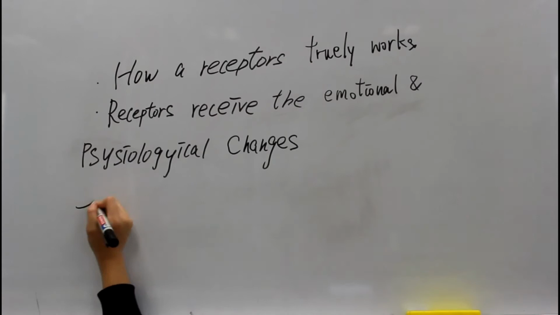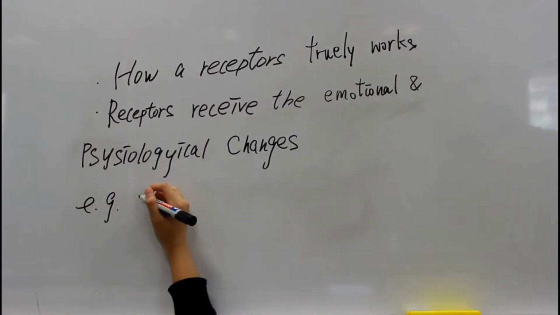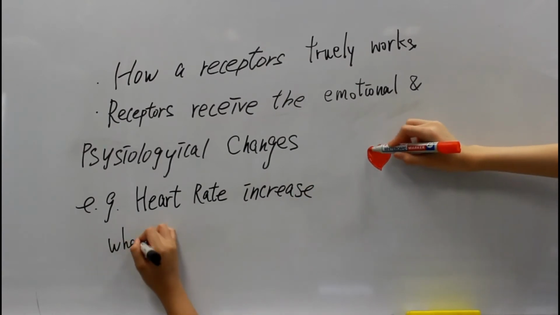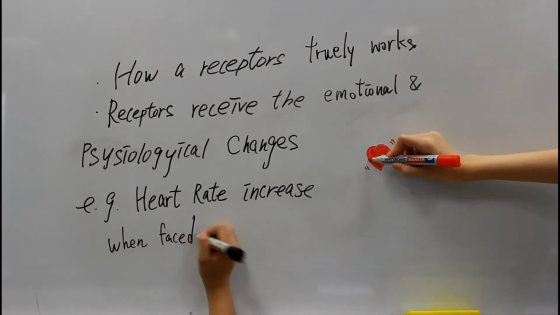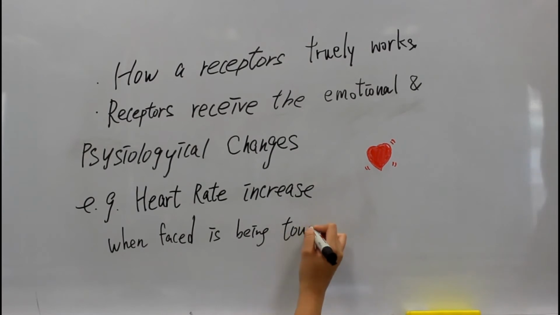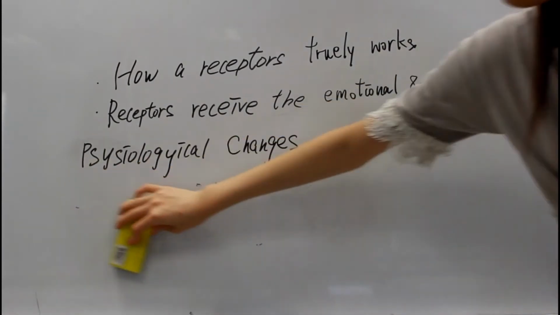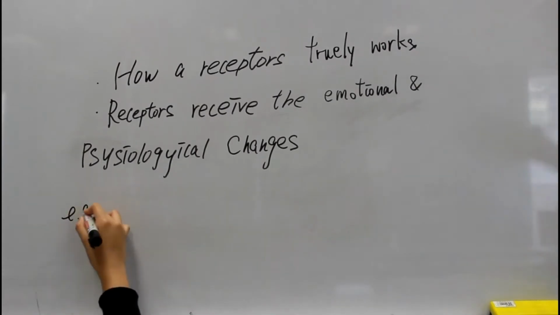For instance, the heart rate of the subject will increase when the subject's face is being touched, or our emotional change would vary depending on what color we are looking at. When our sensory receptors were aroused, we may feel comfortable, sad, or other feelings.